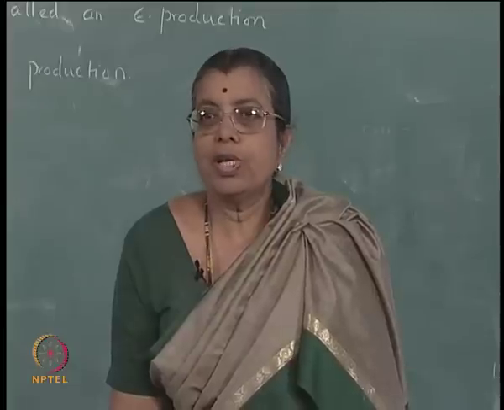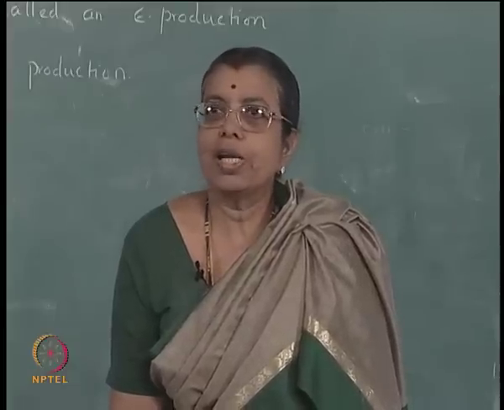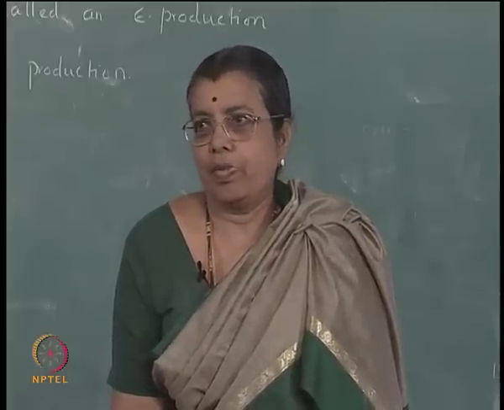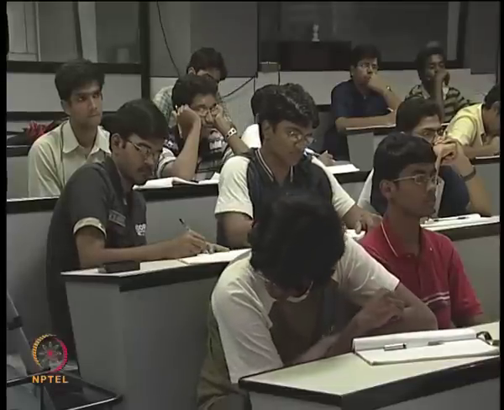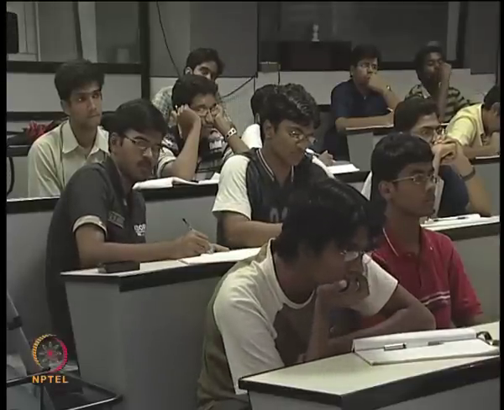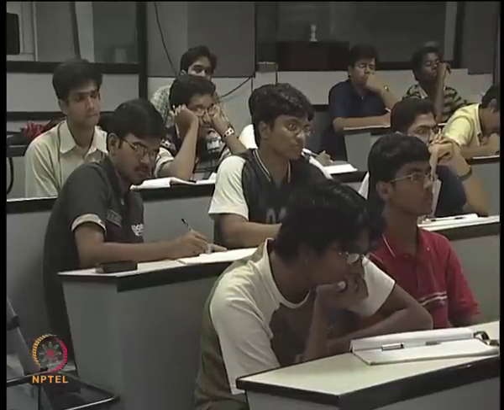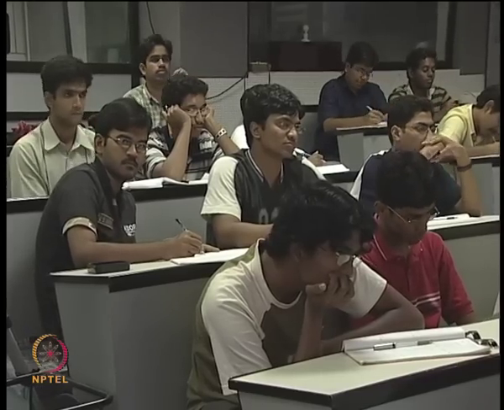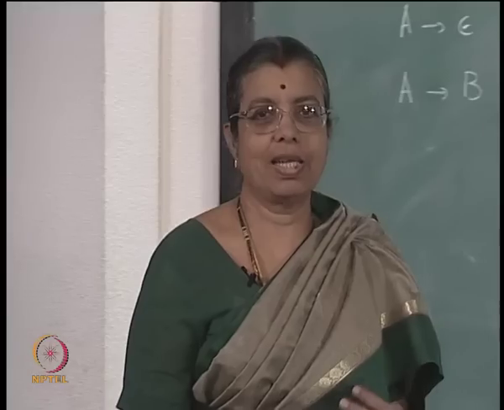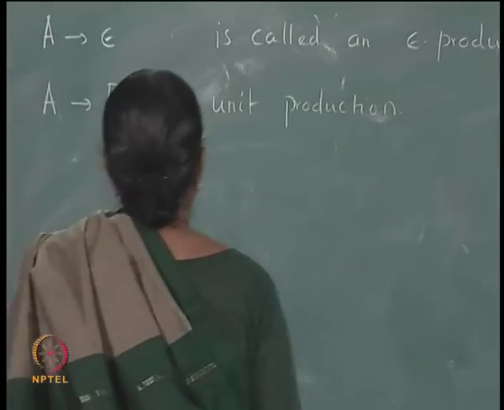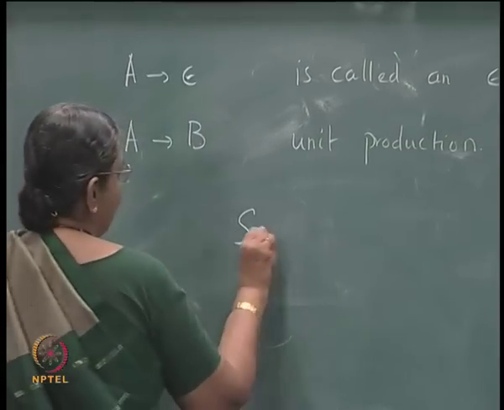But anyway, unit productions can be avoided, epsilon productions can be avoided. But one thing you must remember: if you avoid epsilon productions, the language generated will not have epsilon. If you want to have epsilon, you must have at least one rule, S goes to epsilon.